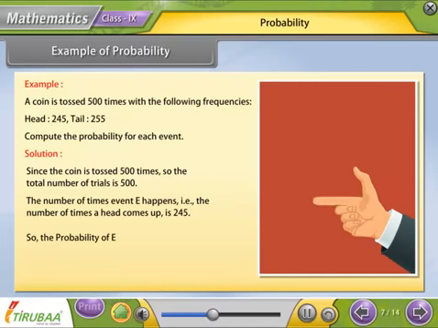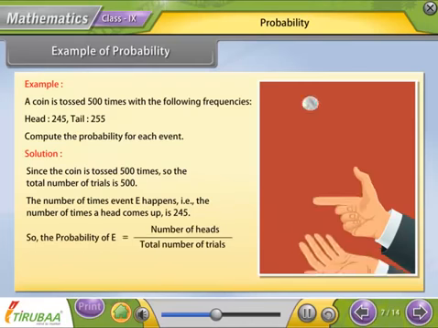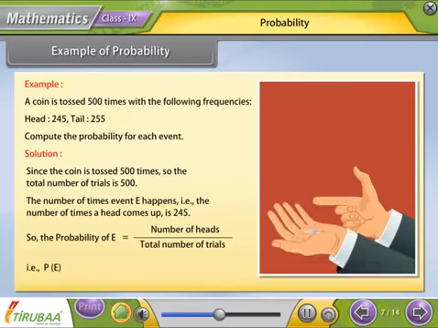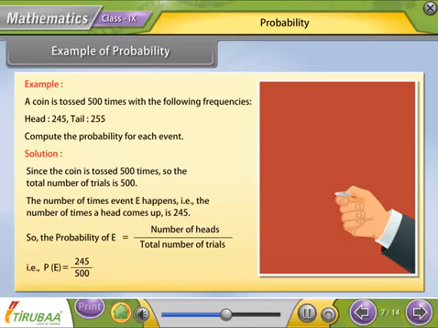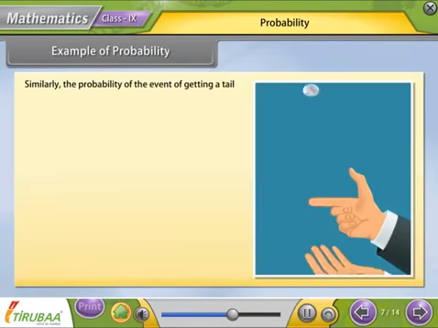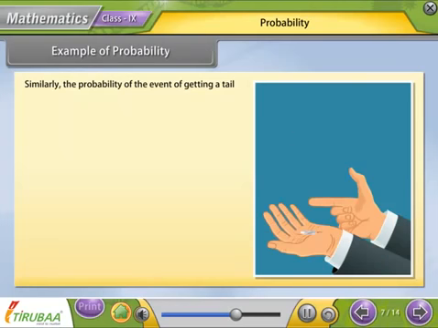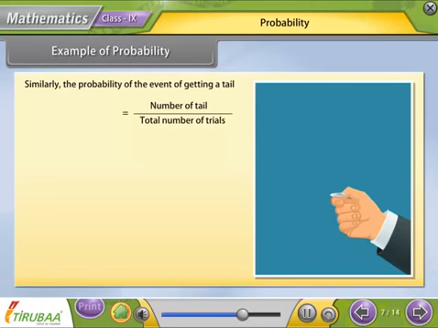So the probability of E is equal to number of heads upon total number of trials, that is, P(E) equals 245 upon 500, which is 0.49. Similarly, the probability of the event of getting a tail is equal to number of tails upon total number of trials, that is, P(F) equals 255 upon 500, which is 0.51.